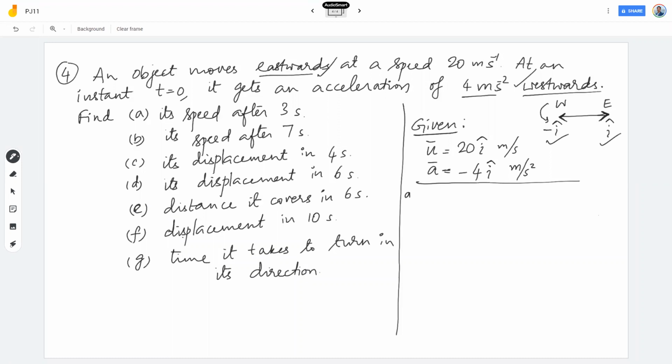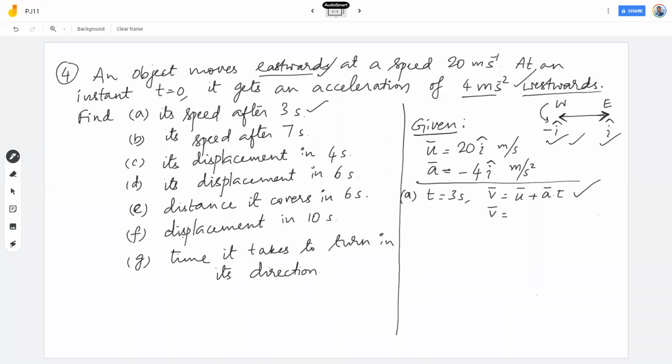What's the first question? Question A. Its speed after 3 seconds. So in this question, t equal to 3 seconds. And they're asking you to find the magnitude of V bar. So you'll find V bar. What's the formula? We know U, we know A, we know T. To calculate V bar, I use the formula V bar equal to U bar plus A bar into T. You may say, initial velocity is eastwards, acceleration is westwards, so I should put a minus. Don't worry. This is a universally correct formula as long as A is constant. That's the only valid condition here. Whether I should put a minus or a plus will be taken care of by the vectors themselves.